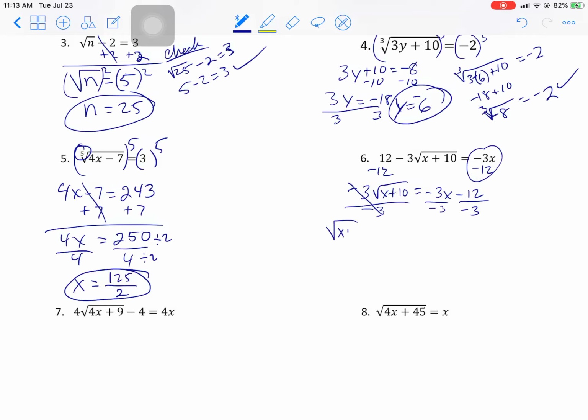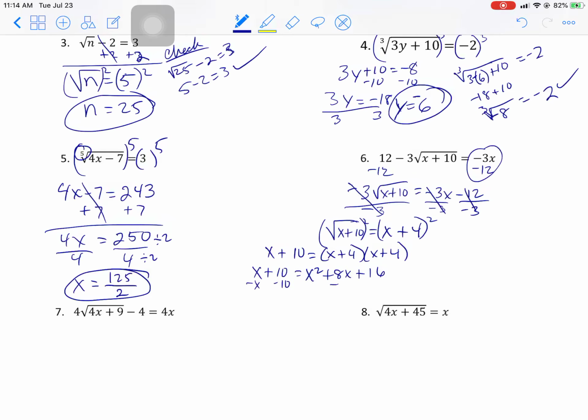So you're going to get the square root of x plus 10 equals x plus 4. All right, which means this is going to be squared and this is going to be squared. So I'm going to write it way over here so I got lots of room. X squared. So this is going to be x plus 4 times x plus 4, that needs to be FOILed. 4x plus 4x is 8x plus 16. Move these properly.